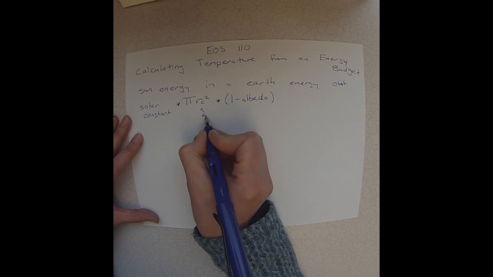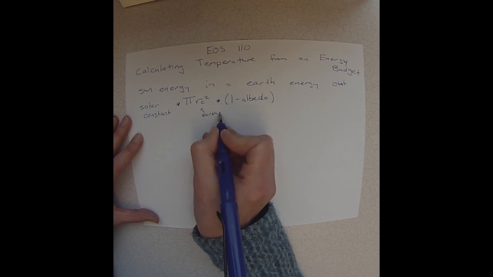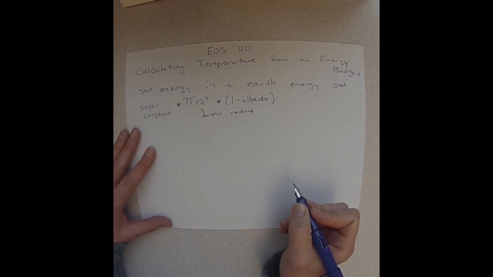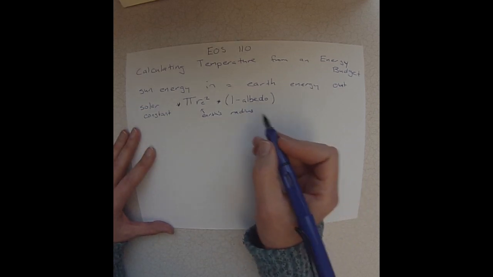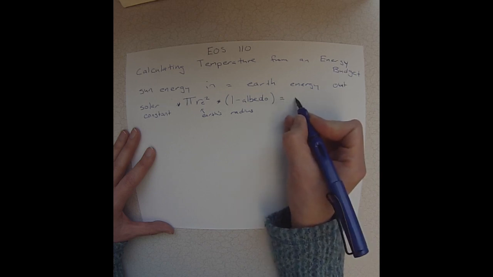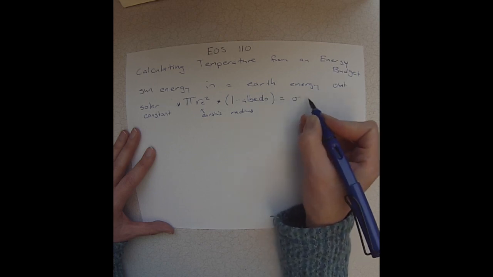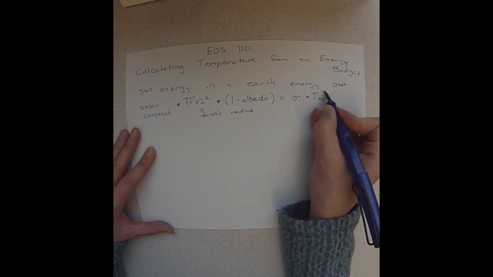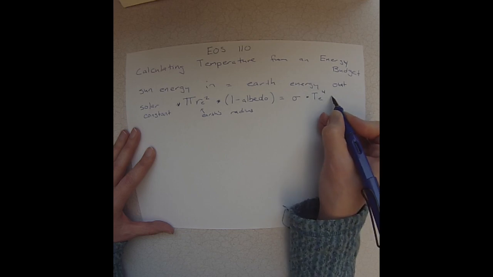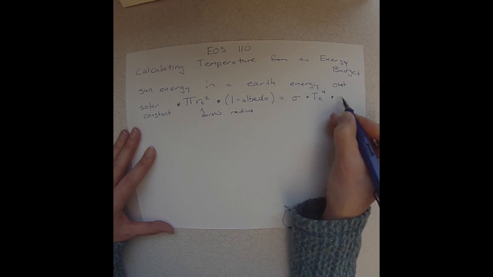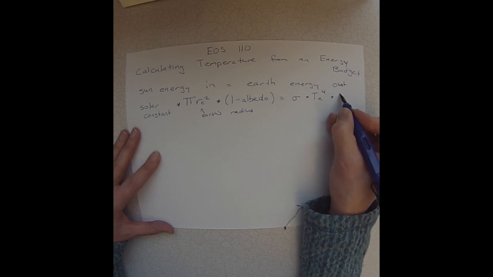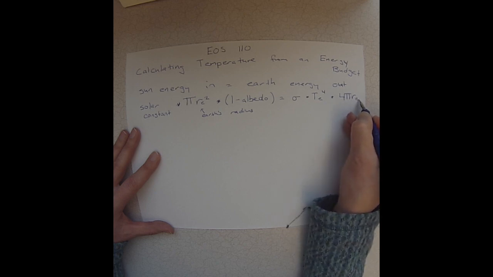This is Earth's radius. Okay, and we said that that should be equal to the Stefan-Boltzmann constant times the temperature of the Earth to the 4th power times the area from which that radiation is being radiated. That's the surface area of a sphere, in this case the Earth. So 4 pi radius of the Earth squared.